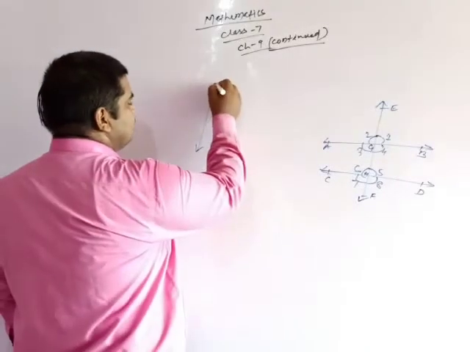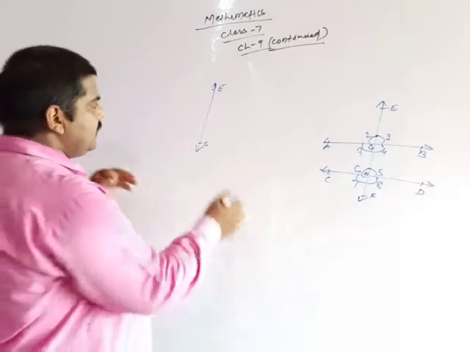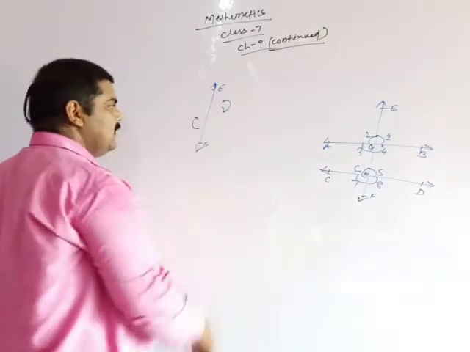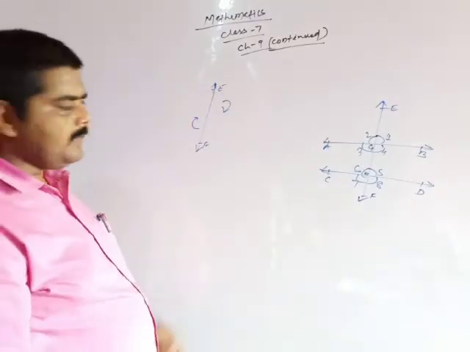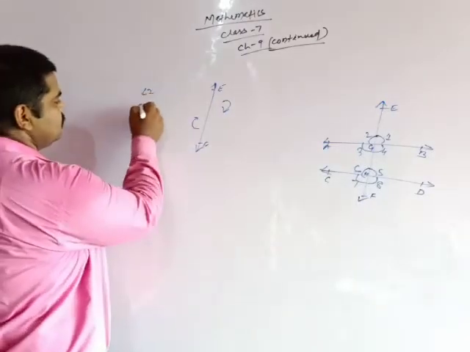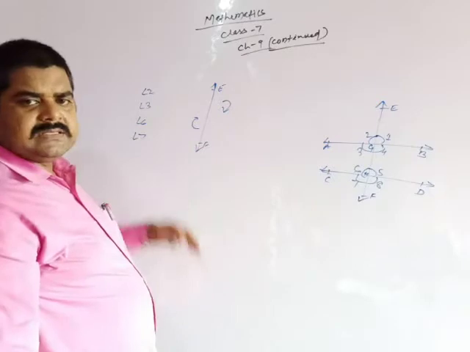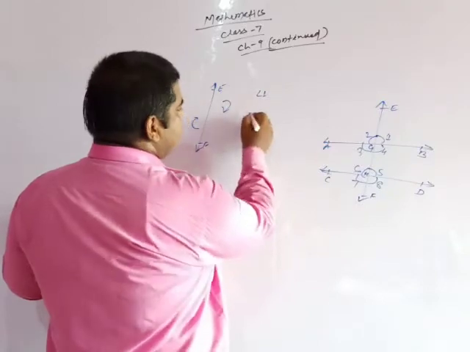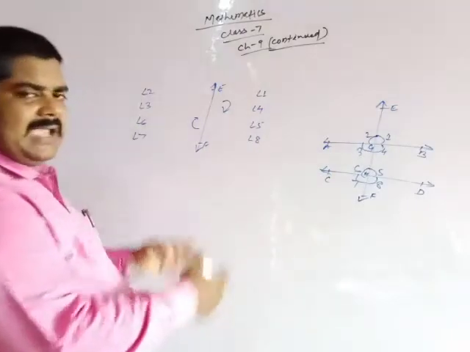What is the meaning of same side? Actually, angles formed on this side are one side, and on this side are the opposite side. You can see that angle 2, angle 3, angle 6 and angle 7 are formed on one side of the transversal, and on the opposite side of the transversal, angle 1, angle 4, angle 5 and angle 8 are formed.